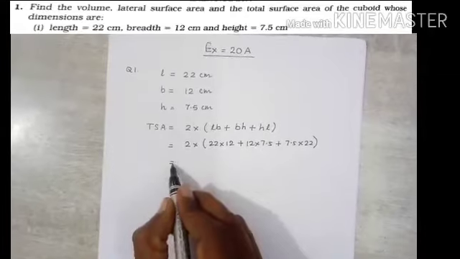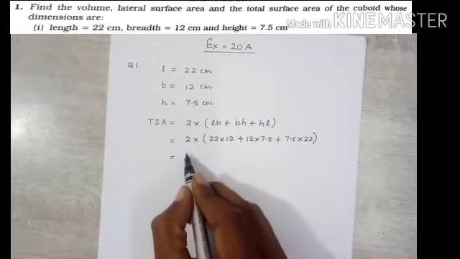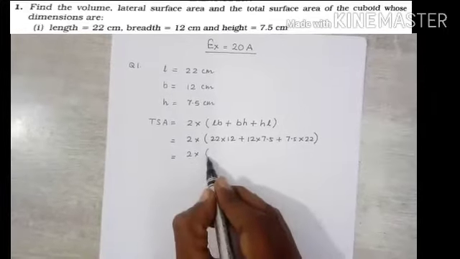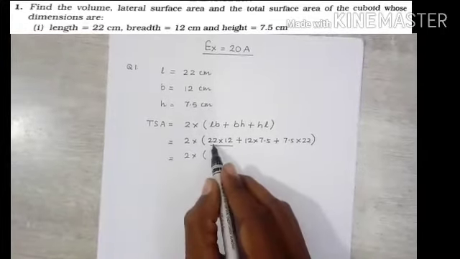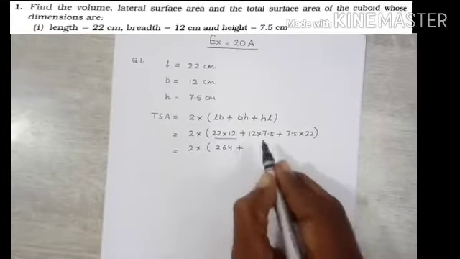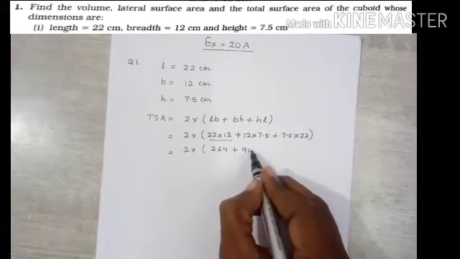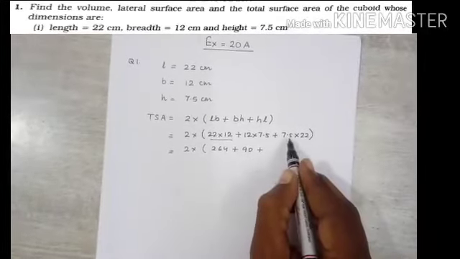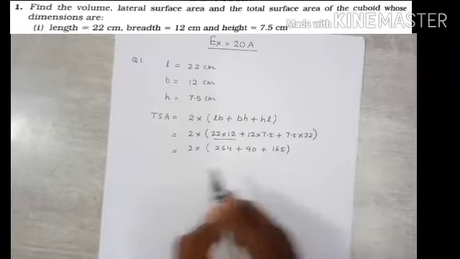Now we will do the multiplications. L into B: 22 times 12 is 264, 12 times 7.5 is 90, and 7.5 times 22 is 165.